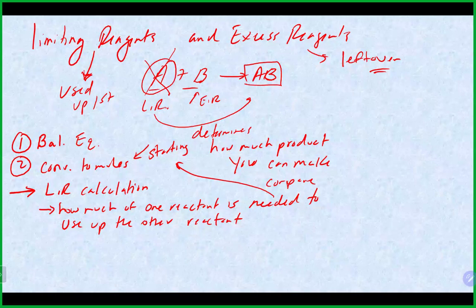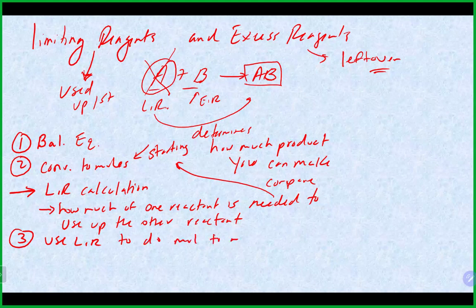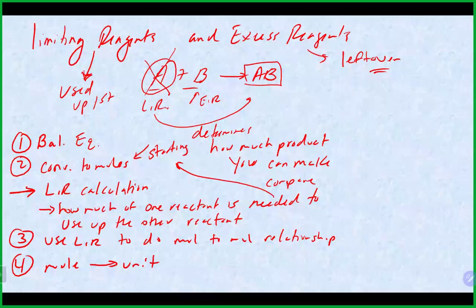If you do not have enough, then that is your limiting reagent. Once you make that determination, the rest of the steps are pretty much the same. You use your limiting reagent to do the mole-to-mole relationship, then convert those moles into some other unit. So that is one approach to figuring out limiting reagents.